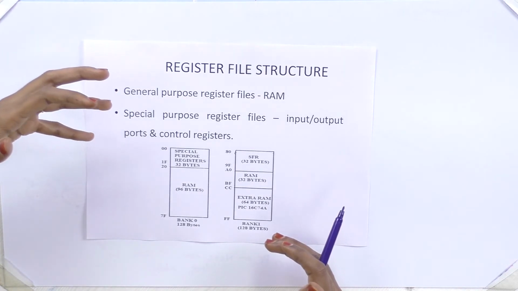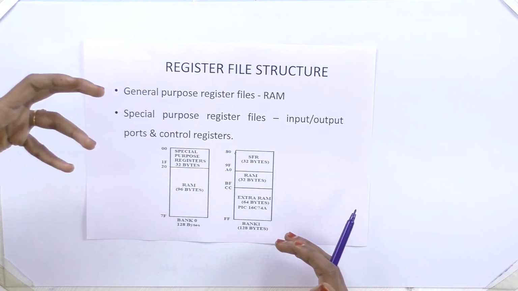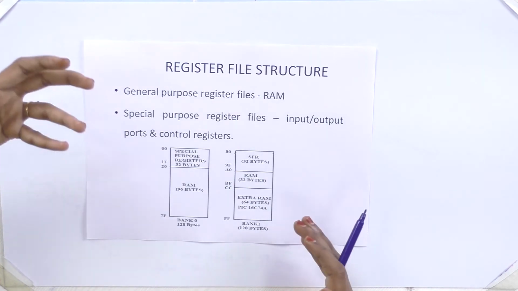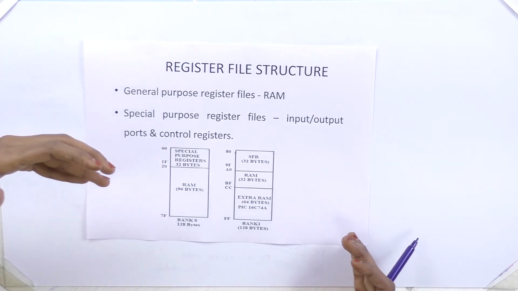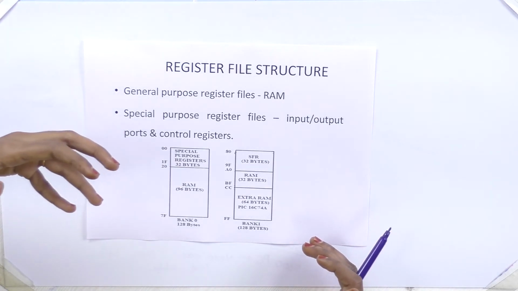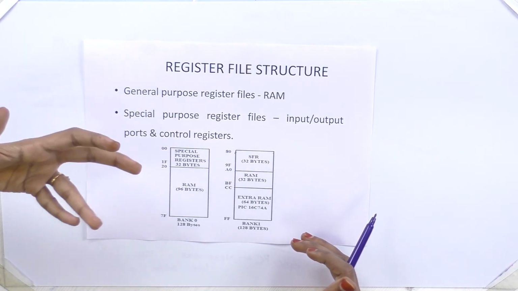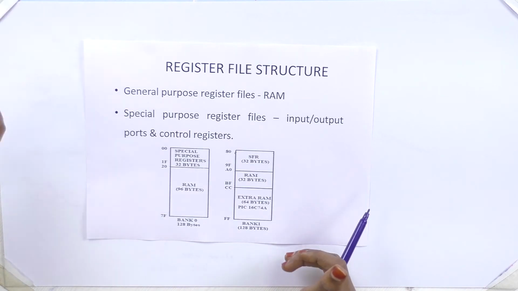All the registers can be addressed and used in the instruction by name also, or by the address. Either special or general purpose registers, everything is given a memory location, a memory address. So you can use that memory address in the instruction for its operation.